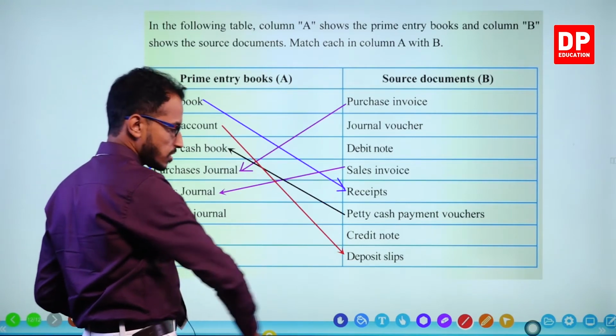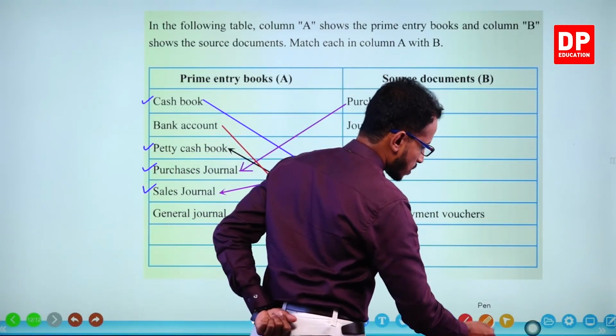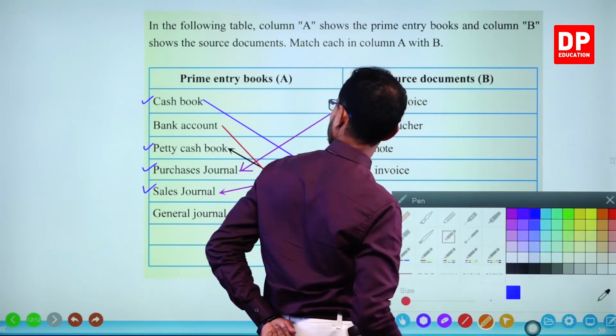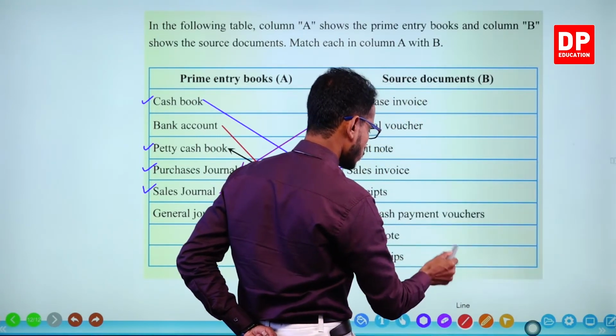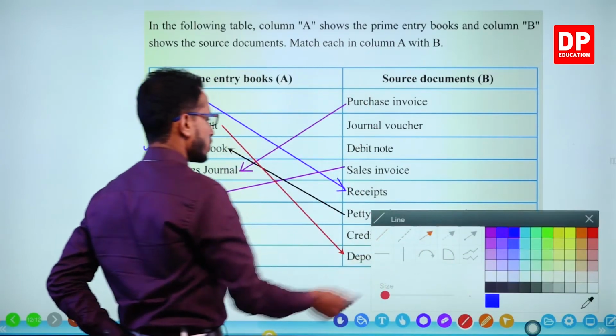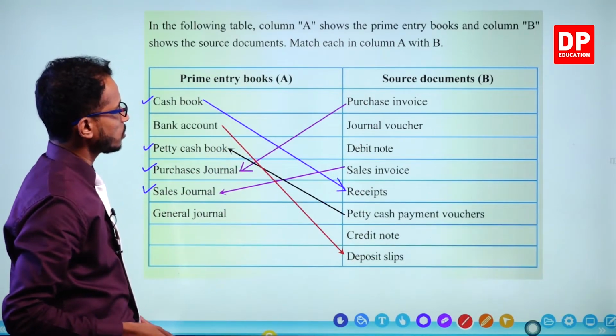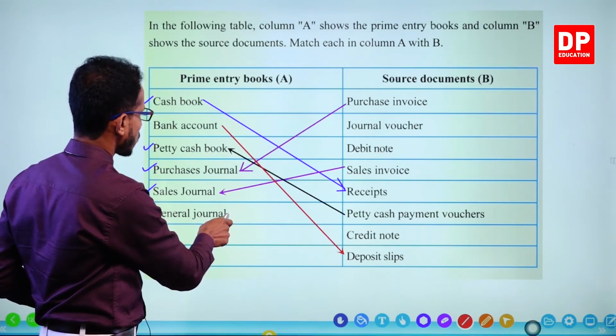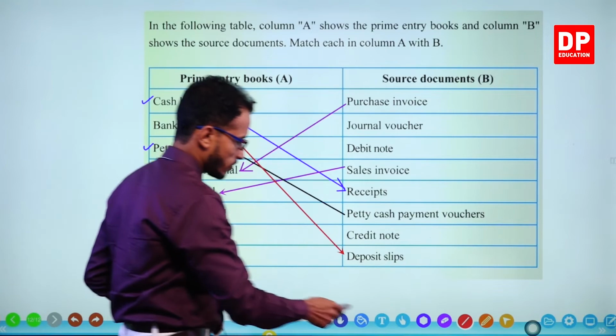So the general journal, I will use a different color to match. For the general journal, the relevant source document is the journal voucher. Okay, how can we do this now?